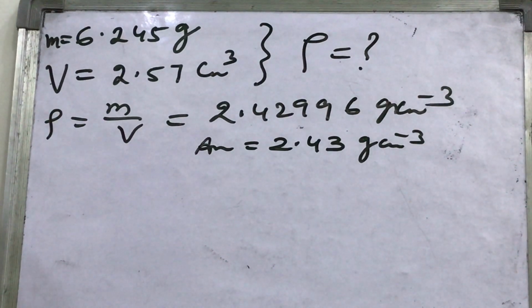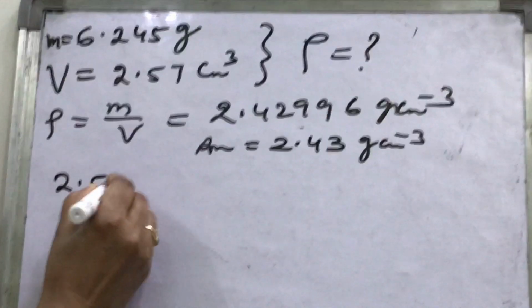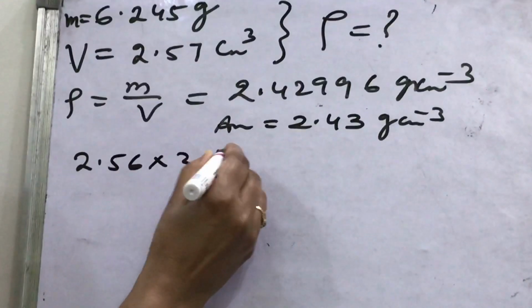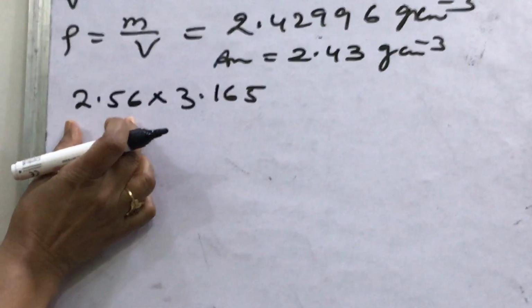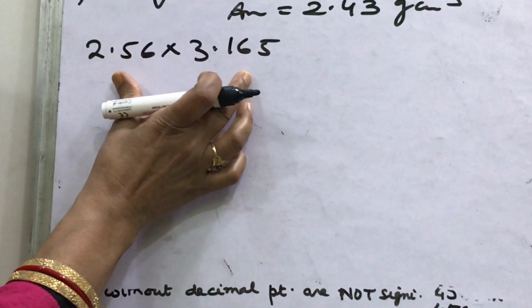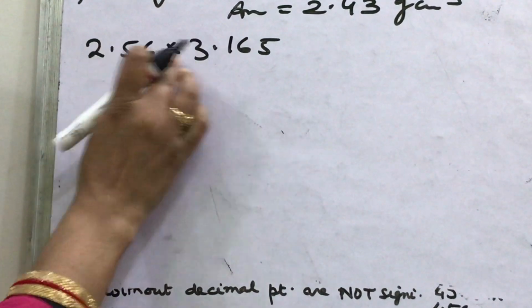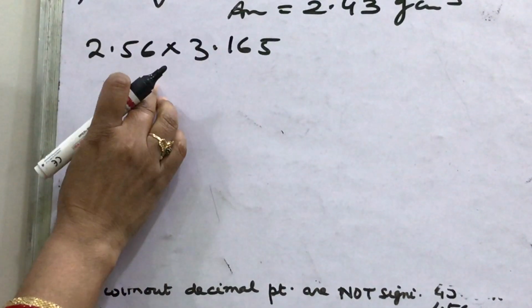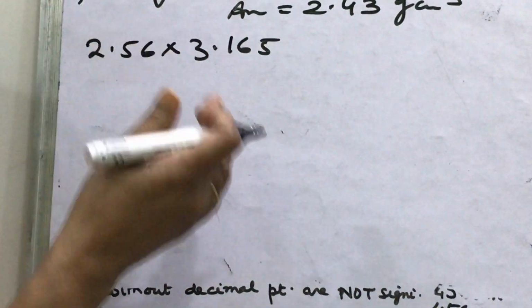Similarly, in multiplication, suppose 2.56 is multiplied by 3.165. Here there are three significant digits and here 4. How many significant digits should be in the answer? See the quantities which you are going to multiply, the quantity which has the least number of significant figures, you have to write the answer in that.